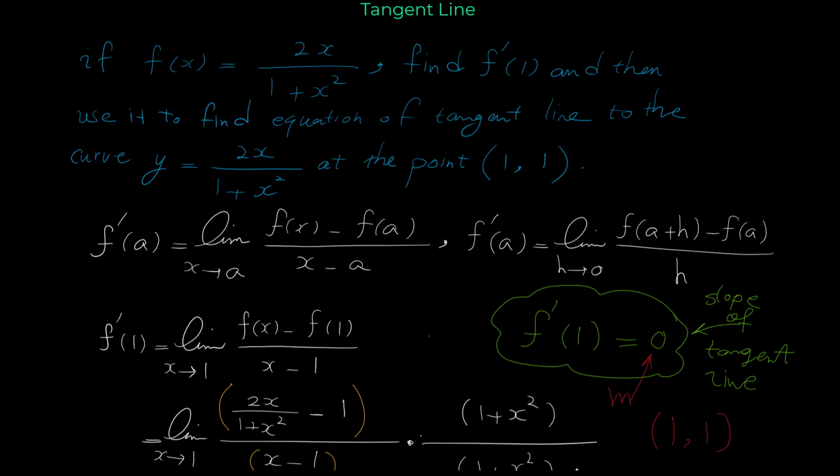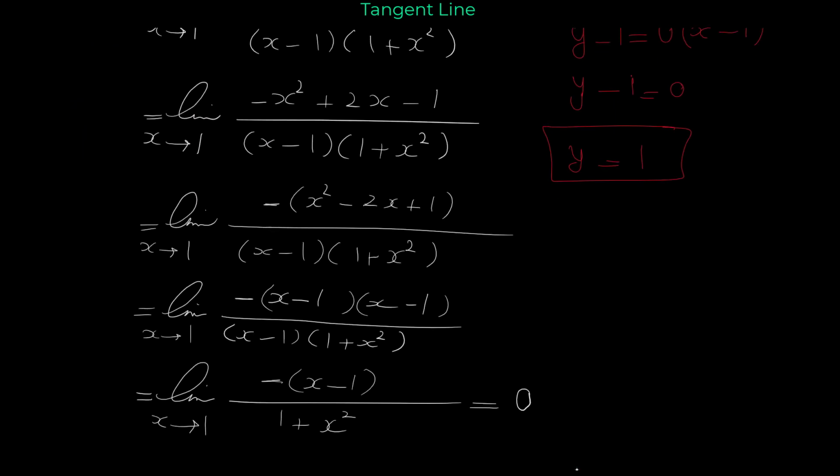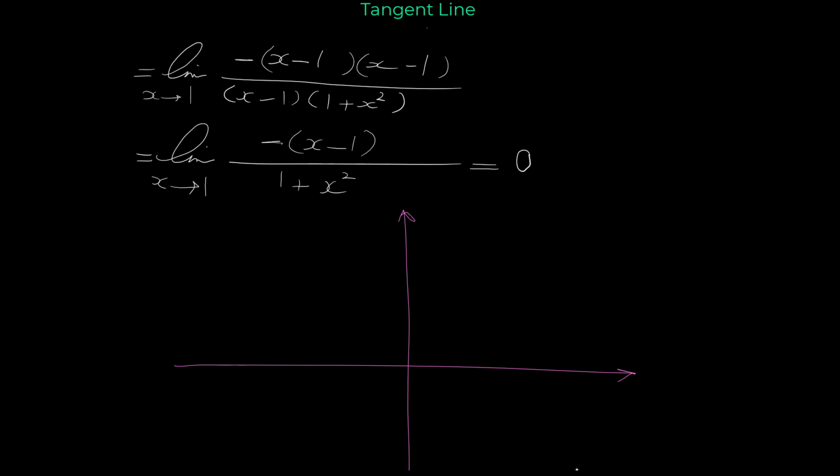Before I finish this video, let me graph this given function and its tangent line, so we can understand better what happened here. The graph of the function f of x equals 2x over 1 plus x squared is something like this. You don't need to know the graph of this function at this moment. I'm graphing it here to see the function and its tangent line.